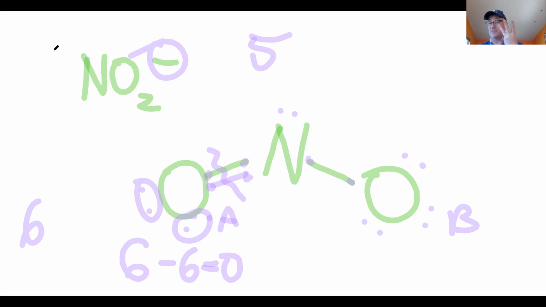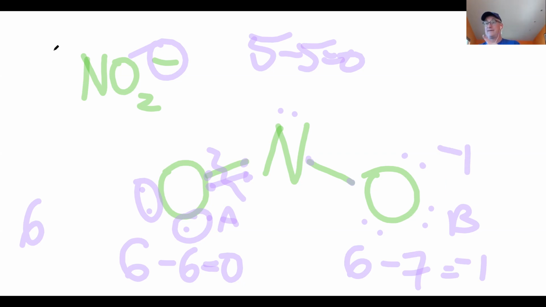It gets to keep 1 electron from each one for 3, and it has a lone pair for 2 more. So it's got 5. So there's no charge on the nitrogen either. So far, so good. Now, let's look at oxygen B. We know that oxygen should have 6 valence electrons, as we mentioned before. How many does this one have? 7. It has 7. So it has a charge of -1.